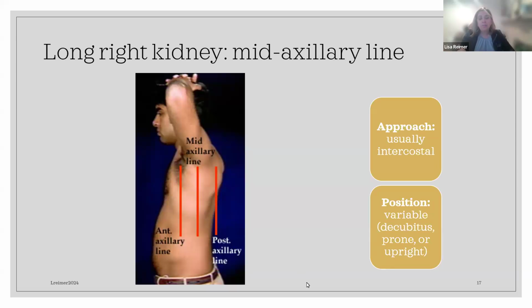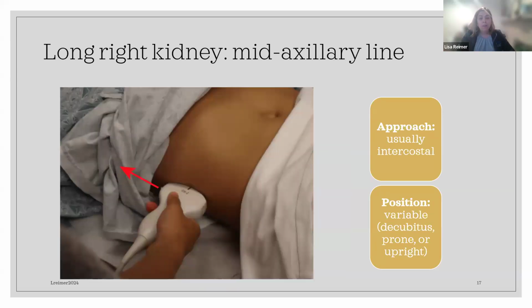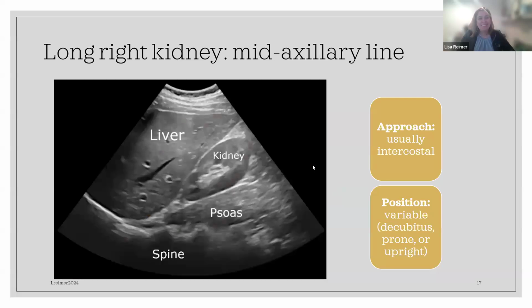You're going to put the notch of your probe towards the patient's head. So the transducer will have a notch, and you'll put that up or superior on the patient. Like that. So you can see they're showing that red arrow is the notch. I wouldn't hold it like this, but we'll talk about that in a different lecture. That'll be ergonomics.